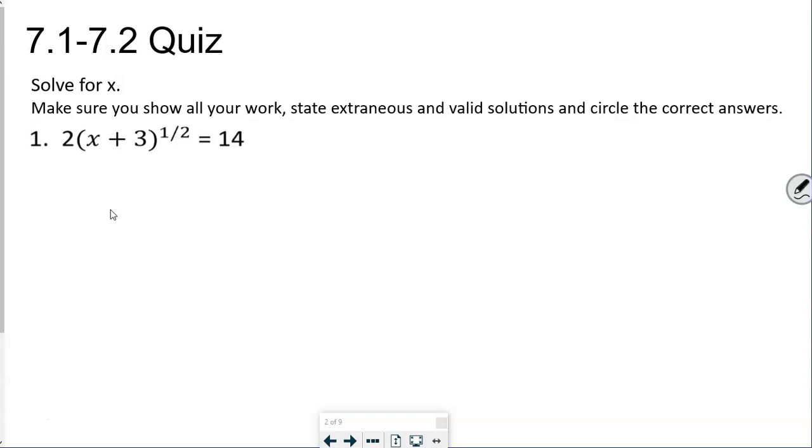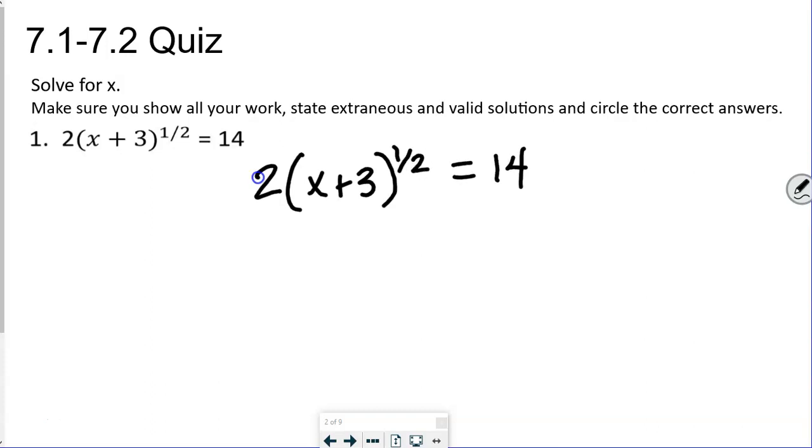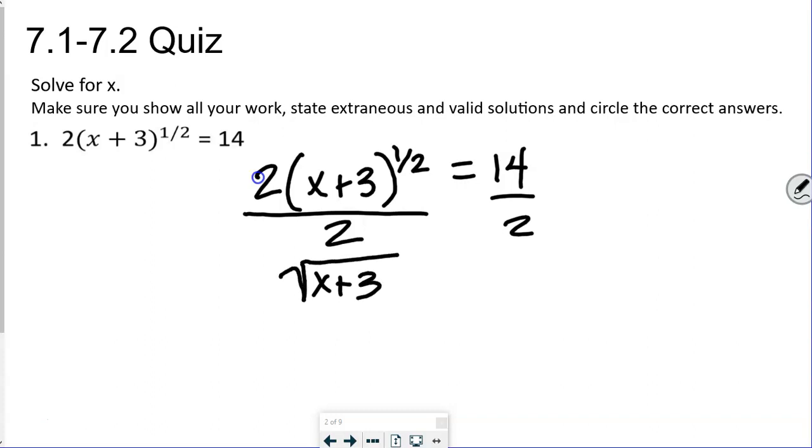So I'm going to rewrite the problem here: 2 times (x plus 3) to the 1/2 power equals 14. Now some of y'all will do better with this problem if you make it a square root, but even before I do that, I'm going to divide both sides by 2, okay? So that's going to make this the square root of x plus 3 equal to 7.